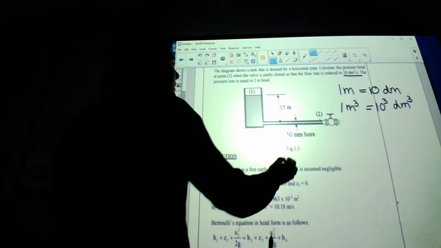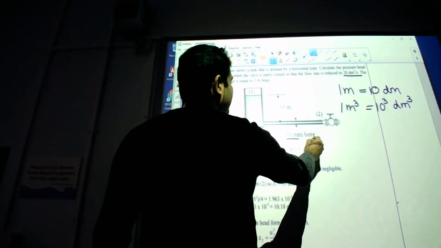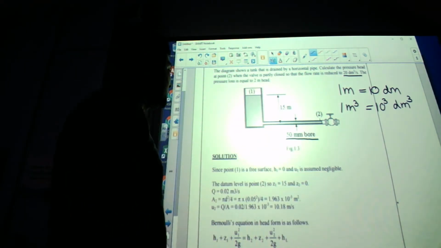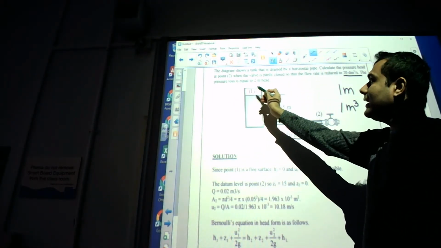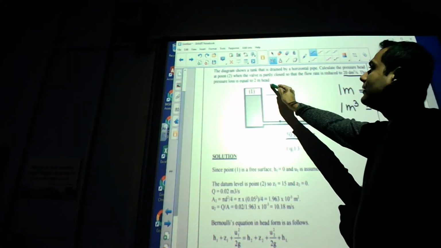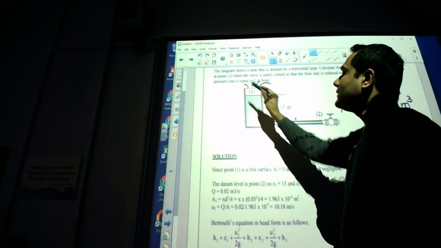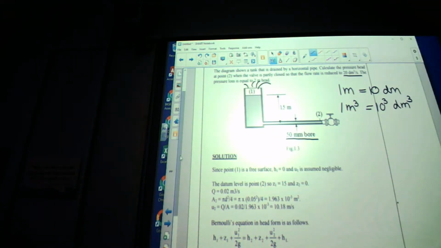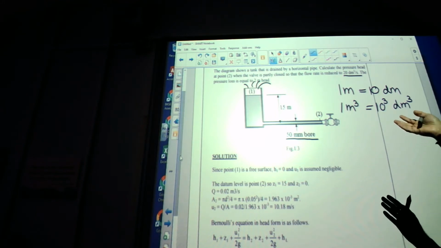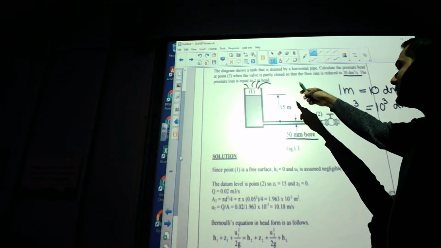So we have a diameter of that one, which is 50 millimeter. Diameter of the tiny pipe is given, 50. On here, on the top, that part on the top, this is a free surface. Yep. So we say H1 is 0.